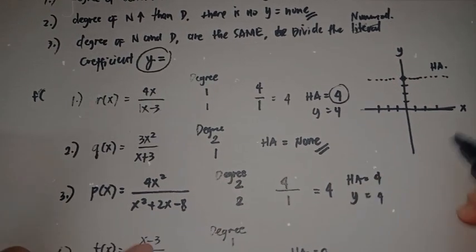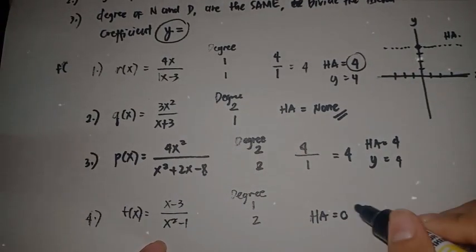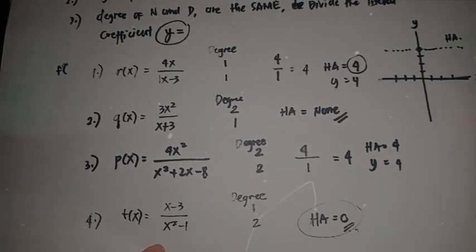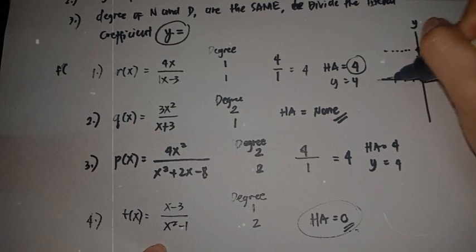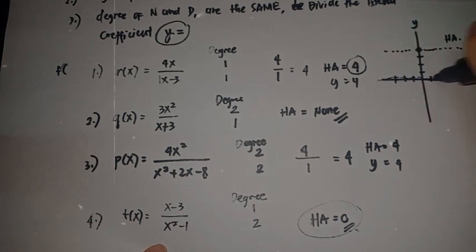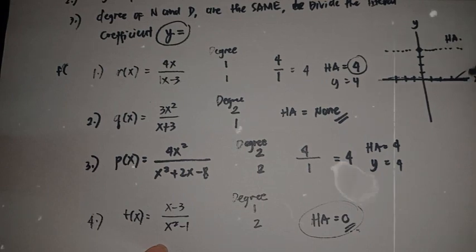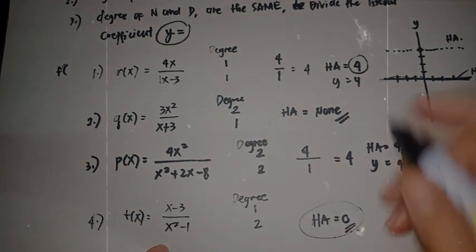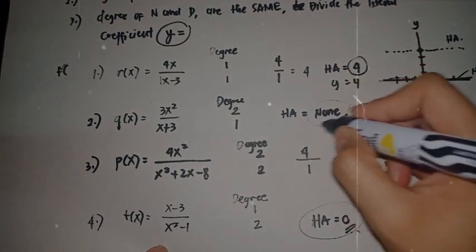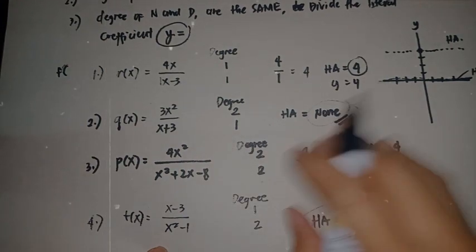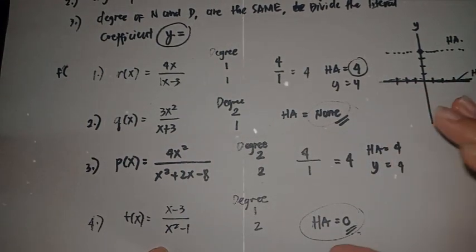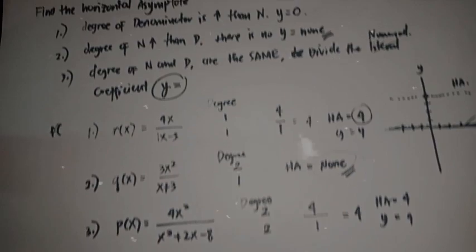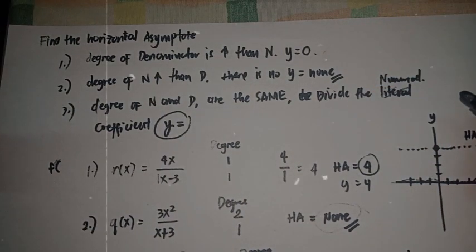Now on the fourth example, our horizontal asymptote is 0. 0 also has a value, and it can be located on our Cartesian plane. Meaning to say, even though the value is 0, we should indicate that this is our horizontal asymptote. Now, what is the difference between HA equal to 0 and none? If your horizontal asymptote is none, therefore, you don't need to draw it on our Cartesian plane. So that's the difference. Okay? So that's how you find the horizontal asymptote of a rational function.